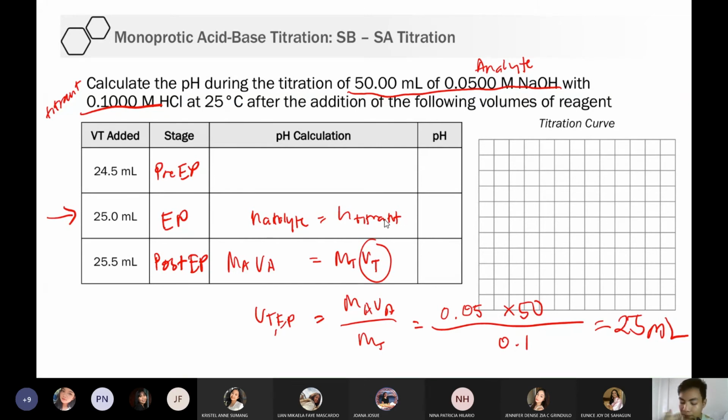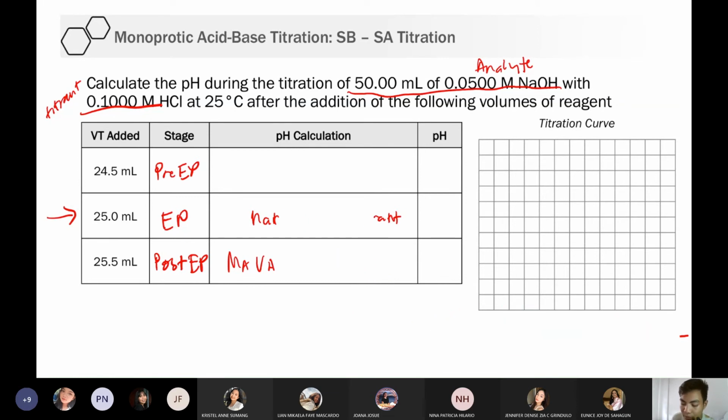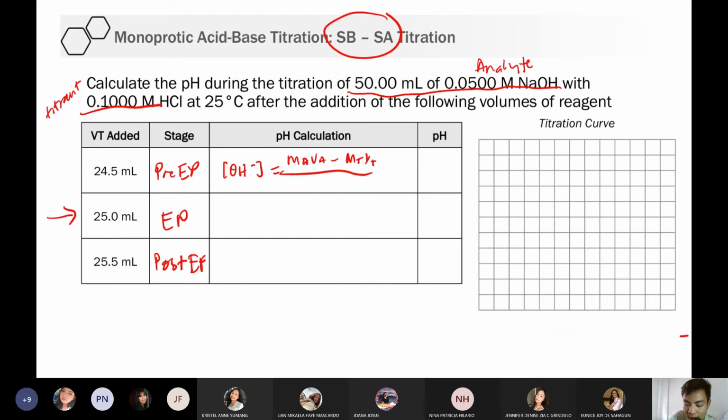Okay? So, yan. Once alam mo na, remember that for every stage, there is a corresponding equation. For SBSA, ang pre-equivalence equation ay OH minus equals molarity analyte, volume analyte minus molarity titrant, volume titrant divided by V total. Okay?